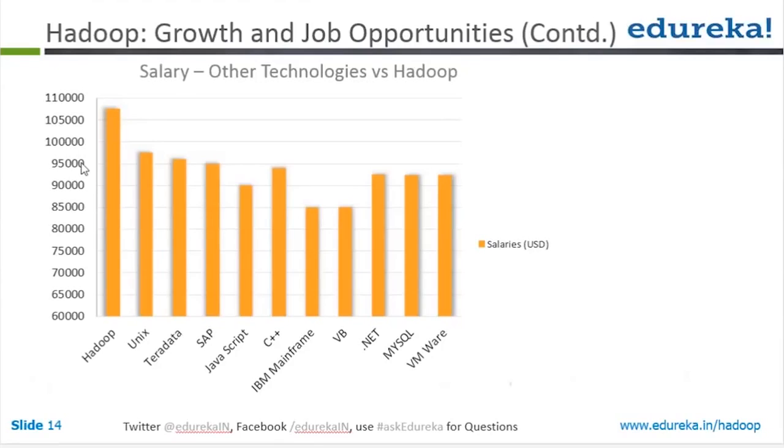So it's a very recent technology, and not a lot of people are comfortable with it. So yes, you can get started at the right time, and you will be able to make a career in Hadoop once you master this technology.